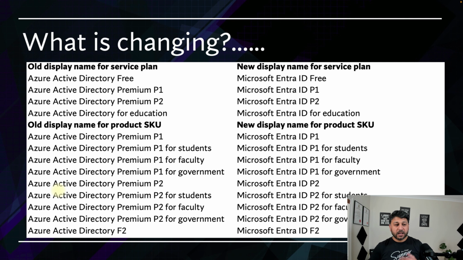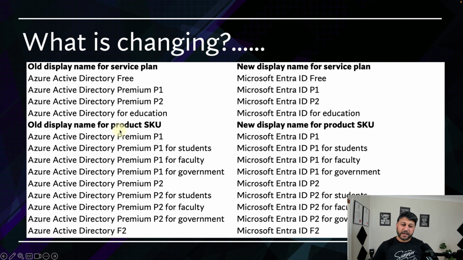Now, the other service plans and SKUs which are going to change will be similar to what we explained on the previous screen. Azure Active Directory Free will be changed to Microsoft Entra ID Free, and same for P1 and P2, and Azure Active Directory for Education will be Microsoft Entra ID for Education.